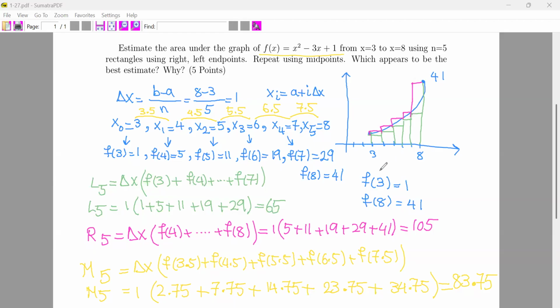But using the midpoints of these, these are the ones somewhere between underestimating and overestimating. So this one seems to be the more accurate one because it gives us less overestimated or underestimated area compared to the true area.